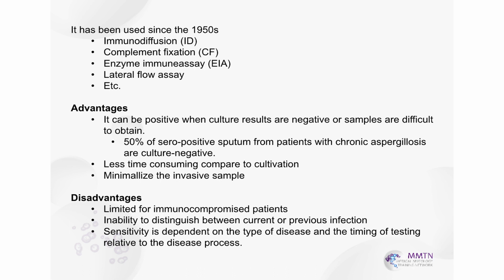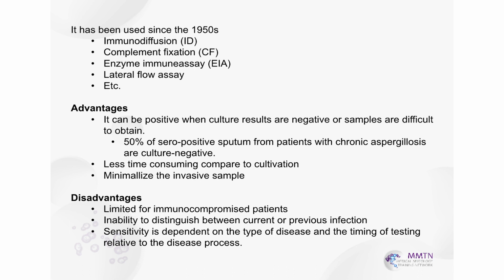But the disadvantage: some immunocompromised hosts still have an immune system, right? And there is inability to distinguish between current and previous infection, except for some, like Histoplasma, which has H and M bands. Some bands will show you which one is active and which one is inactive.